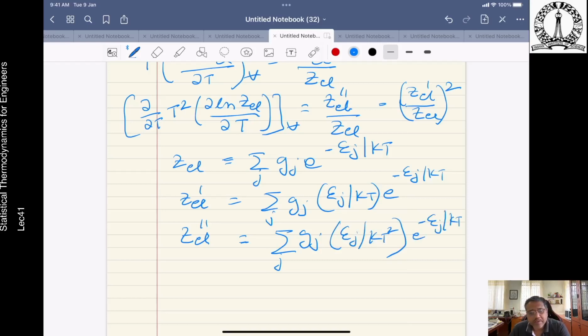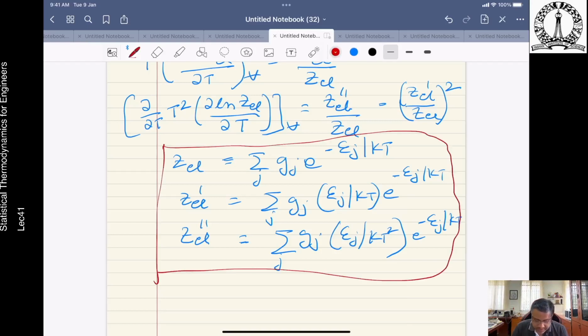Okay. So this is a very long, tedious differentiation process, as we can see here. So you differentiate it once with respect to T, and then you differentiate it another time, so the second derivative.